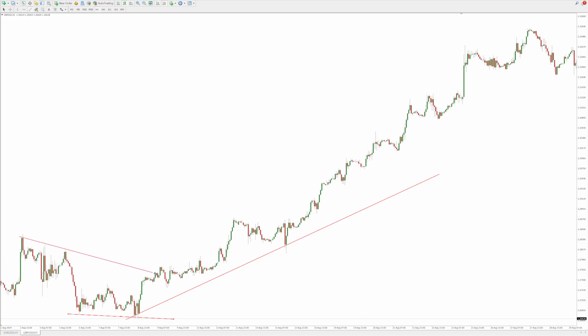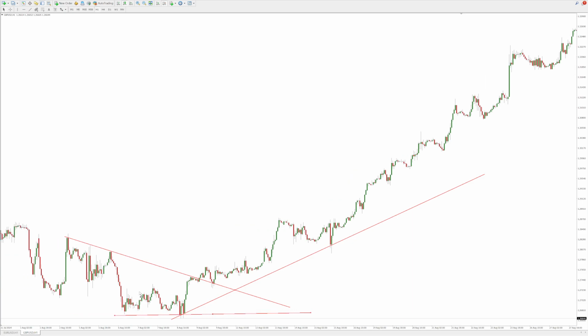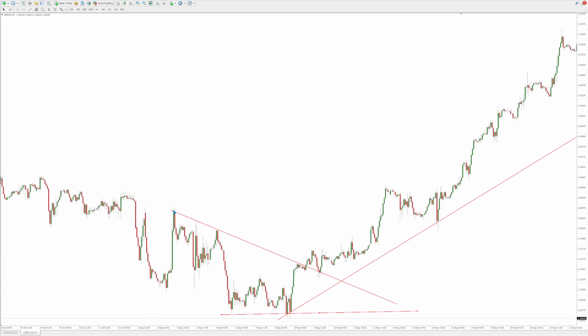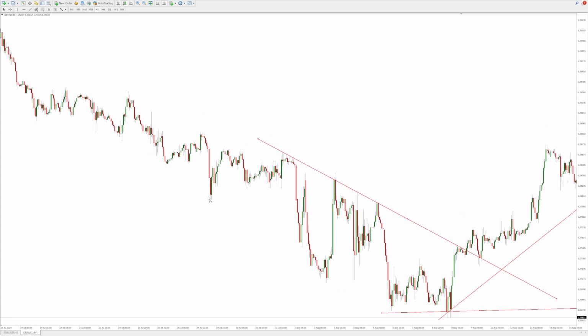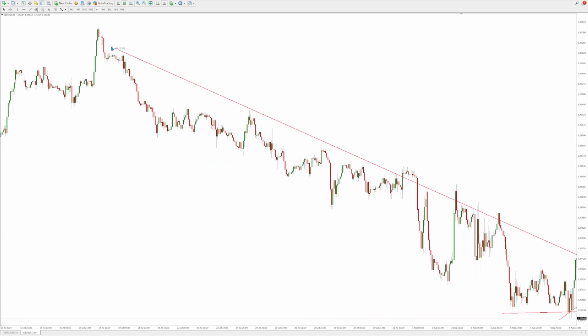Okay, we've had a breakout. It looks like a bear trap down here, following on from this downwards move that you see here. It was actually quite a big move, so we can take that all the way back.